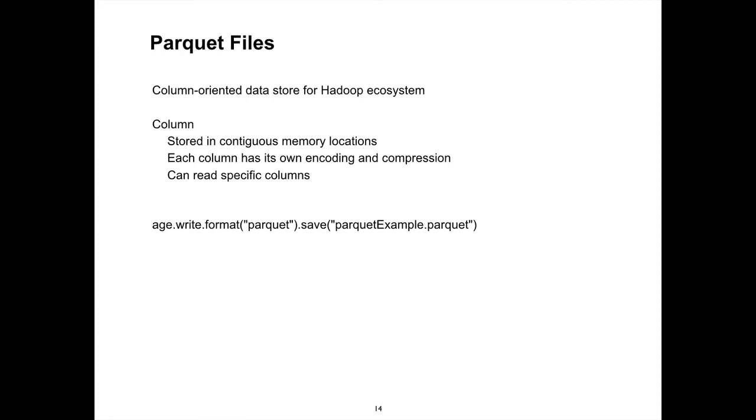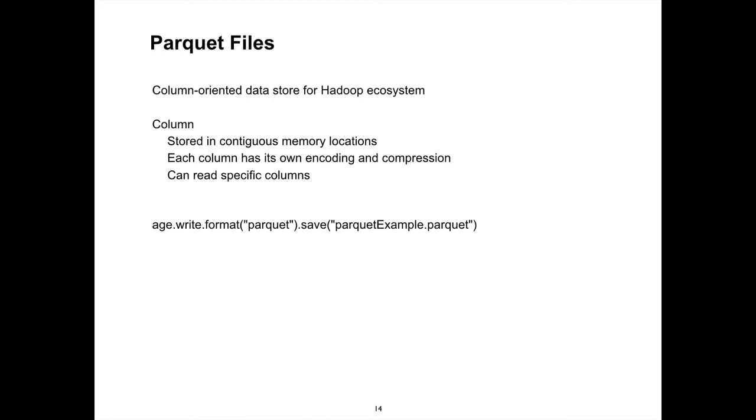When you start reading about Spark, eventually you'll come across various other file formats. Parquet, or Parquet files, is a column-oriented file system for Hadoop.